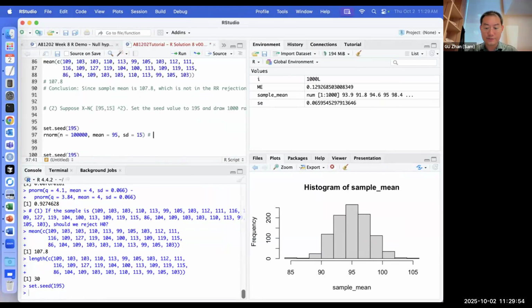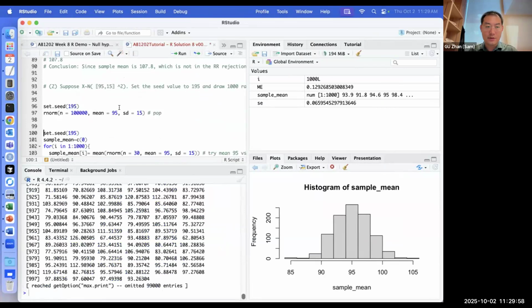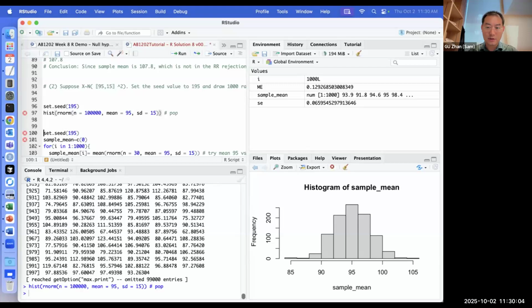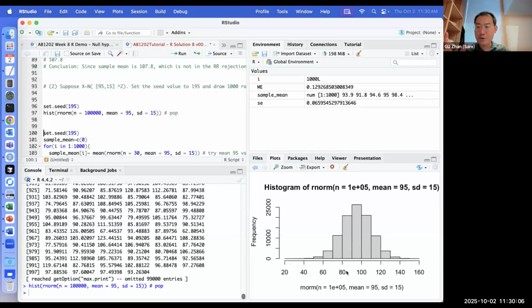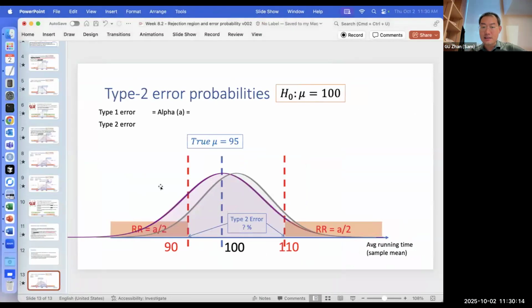This is the population, but there are a lot of random numbers, so we do a histogram of them. This is the population distribution, centered at 95. Basically this is the purple one.